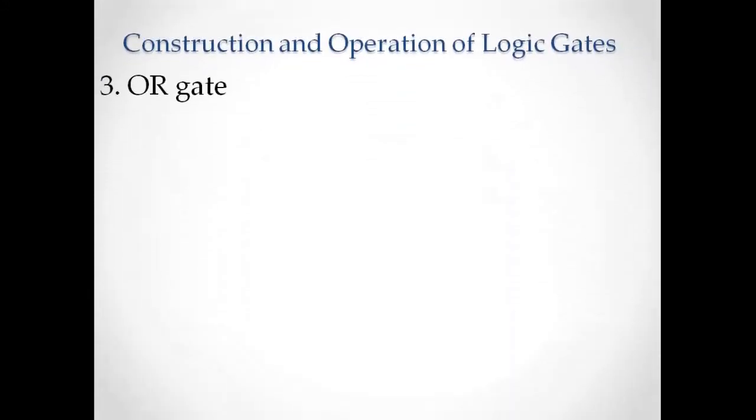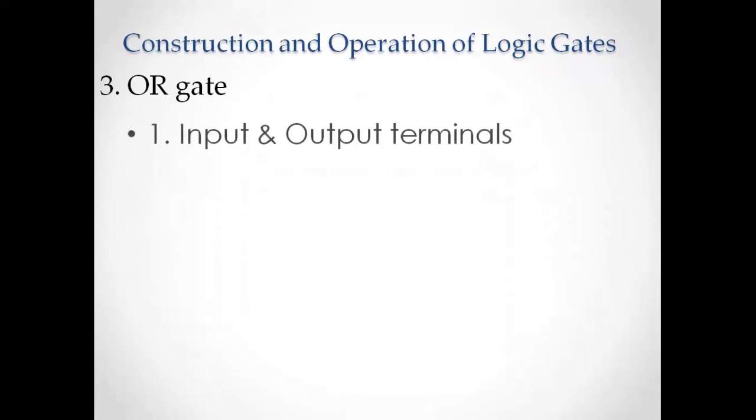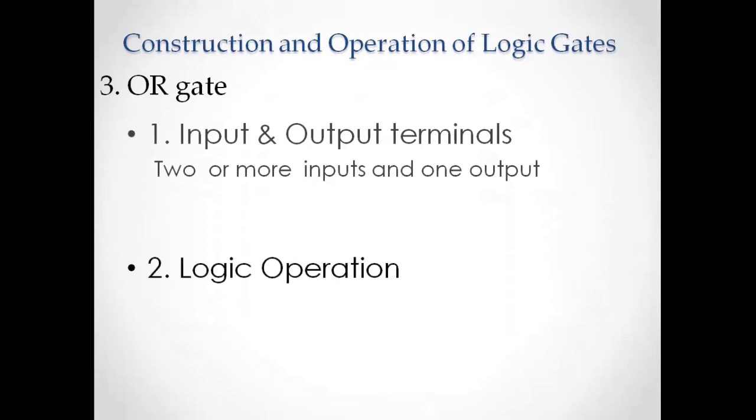Now let's think about the last basic gate, which is the OR gate. The input and output terminals are just like the AND gate. You can have two or more inputs and only one output. The logic operation is called logical addition. It's written multiplication there. It's not multiplication, but it is logical addition.